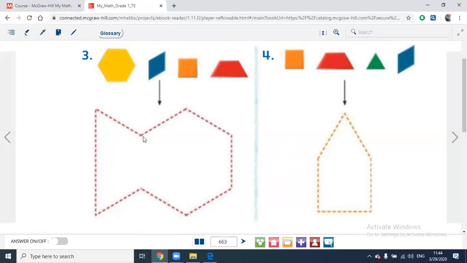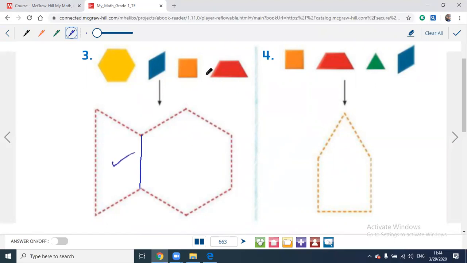As you see here, I can draw a line here. Look here, please. If I draw a line like this, now I have to divide it into two shapes, right? This one is a trapezoid, like this.